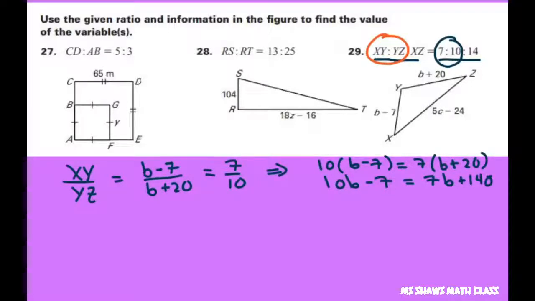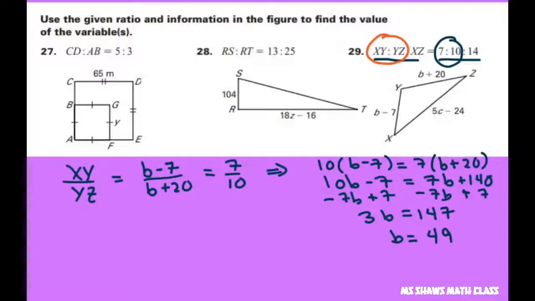All right, so I'm going to subtract 7B from both sides, add 7. So this is going to give us 3B equals 147. Divide 147 by 3, and you get B equals 49.